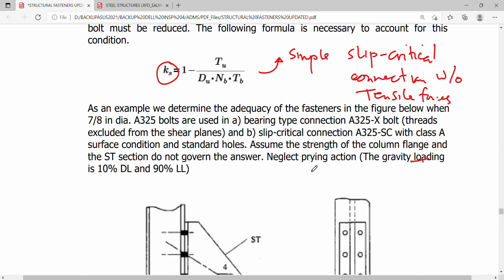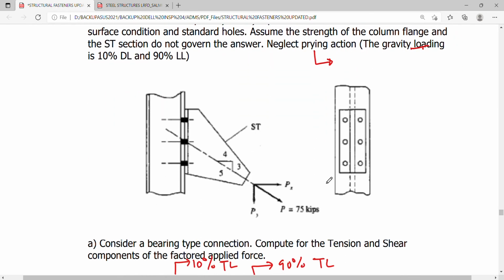The prying action has something to do with the fact that since the load is inclined, there might be a fulcrum action, noting that at this point when you pull this, there will be a tendency for this to pop out, while this is not moving at this point.